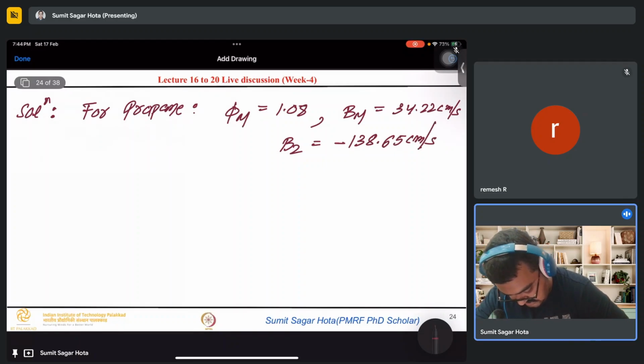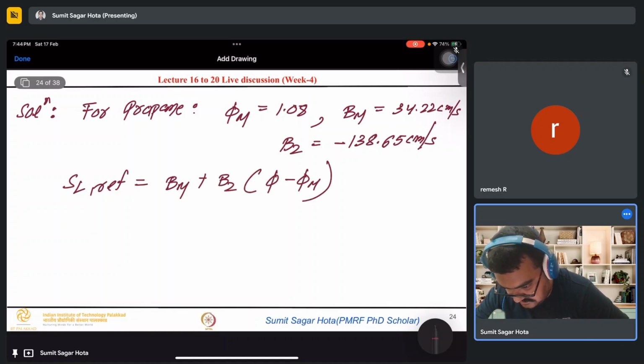Now what is SLREF? BM plus B2 (phi minus phi M) squared. Just substitute and find out.